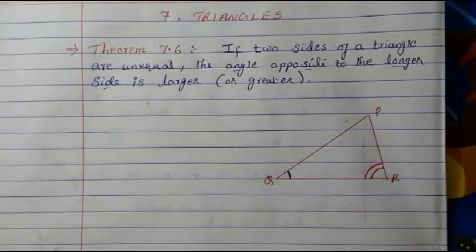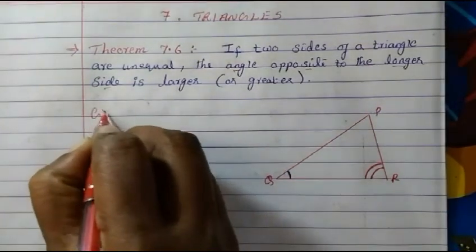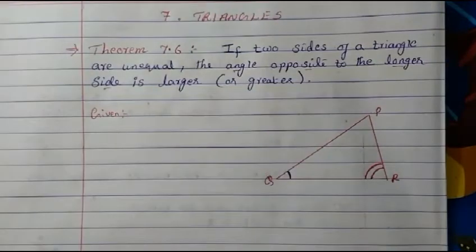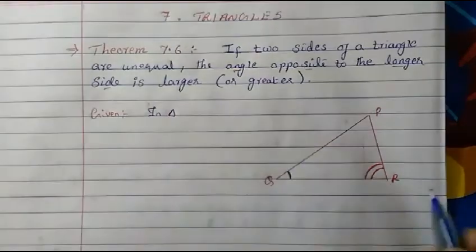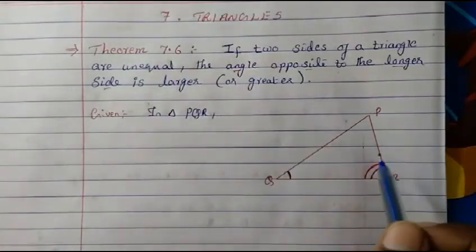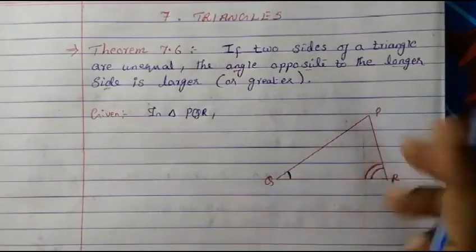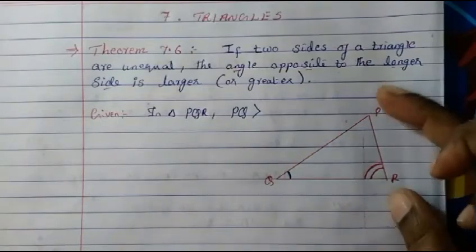Let's write down first what is given to us. In triangle PQR, two sides are unequal, so PQ is greater than PR.